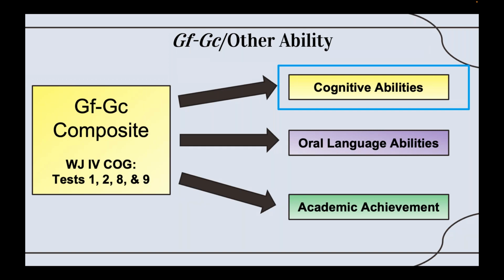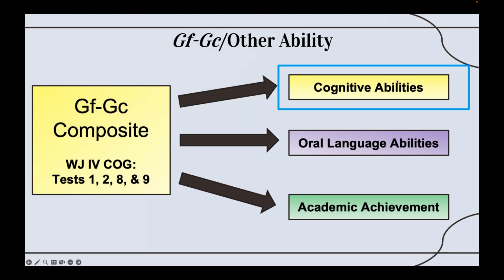And I say the GFGC over something like the GIA comparison because the GIA comparison would include in part measures of short-term working memory and measures looking at processing speed. So because we know that those are already personal weaknesses for him, it might be a better representation of his reasoning skills to look at a composite like the GFGC that excludes some of those processing related components because it only looks at verbal and nonverbal reasoning skills.